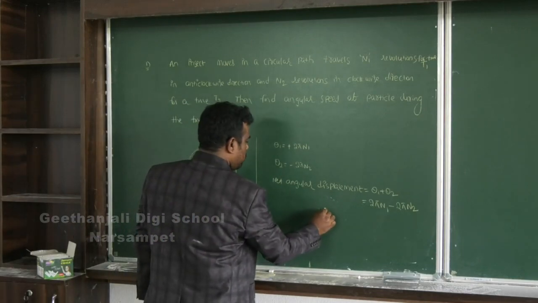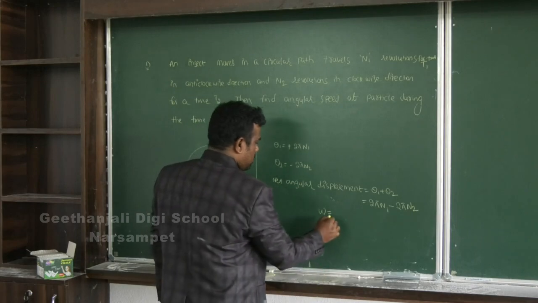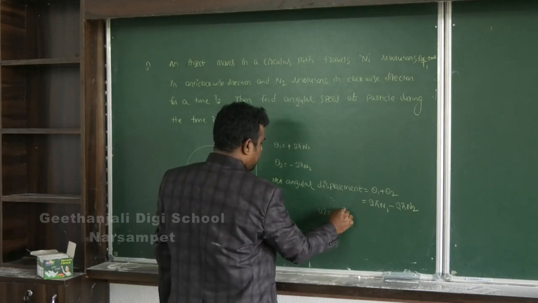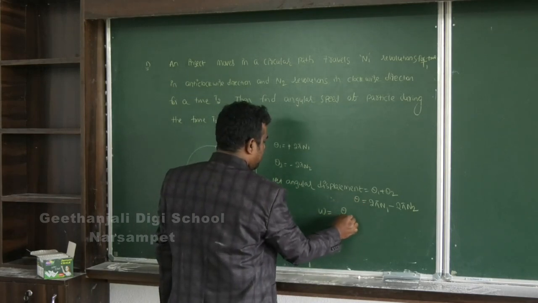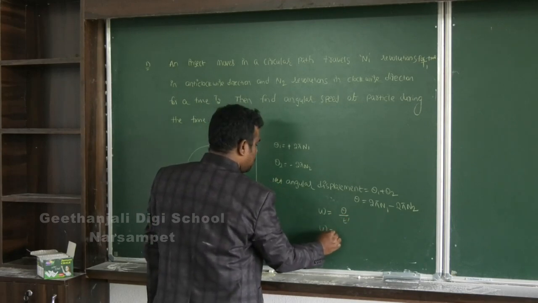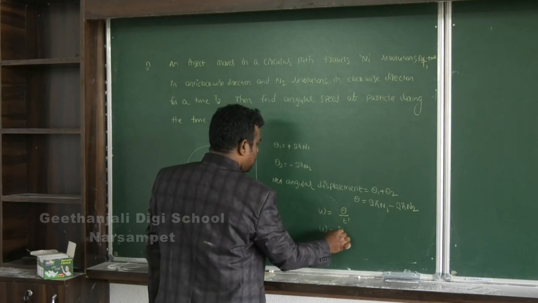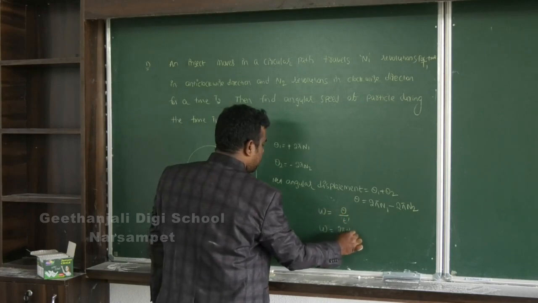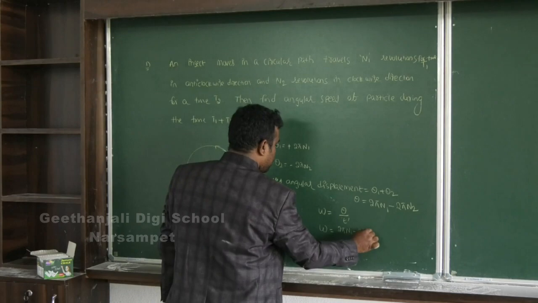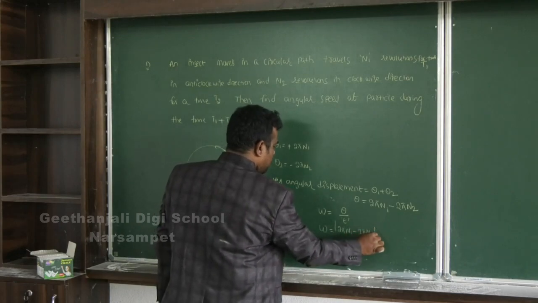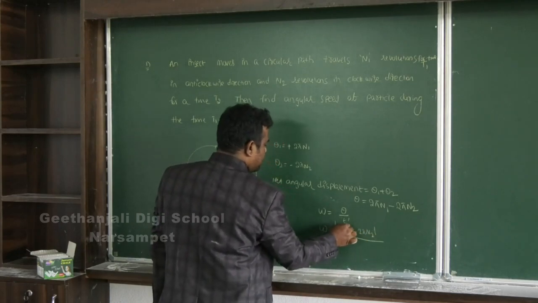Now angular speed omega is equal to net angular displacement theta by total time. What is the net angular displacement here? 2 pi n1 minus 2 pi n2, taken in modulus, divided by the total time taken for this process.